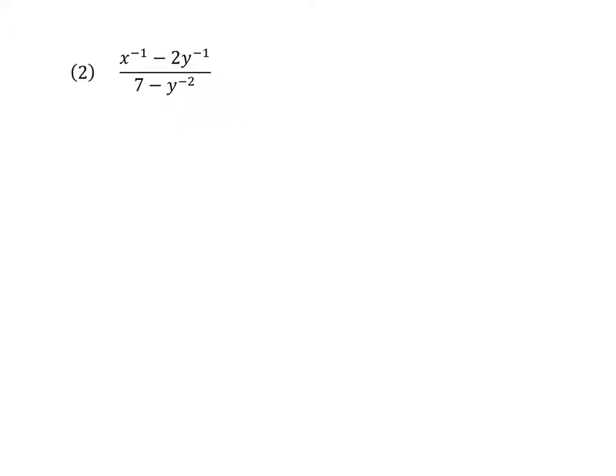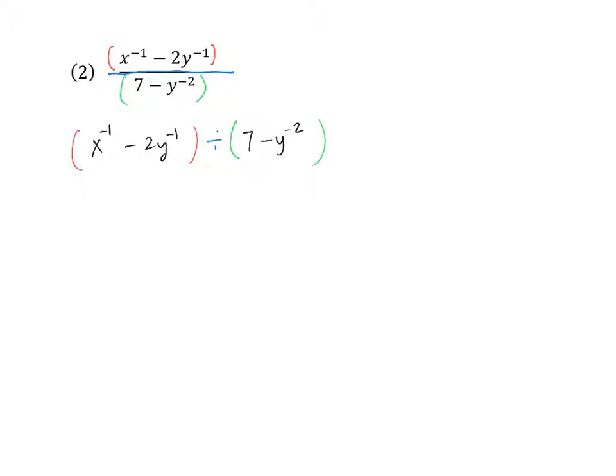In this one, I'm looking at numerator divided by denominator, same process that we did before. We'll take the numerator, and this fraction bar means division, so divided by the denominator. We've got x to the negative 1 minus 2y to the negative 1, and then we're dividing that by 7 minus y to the negative 2.